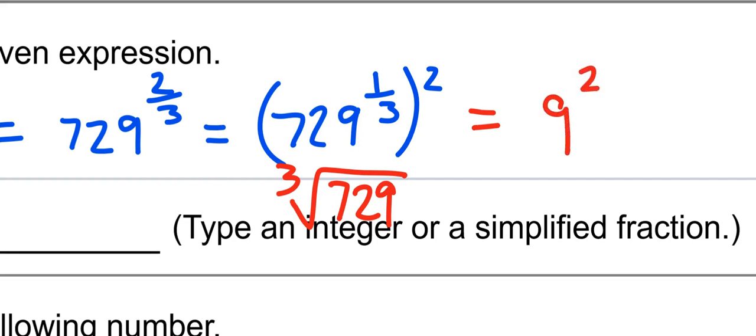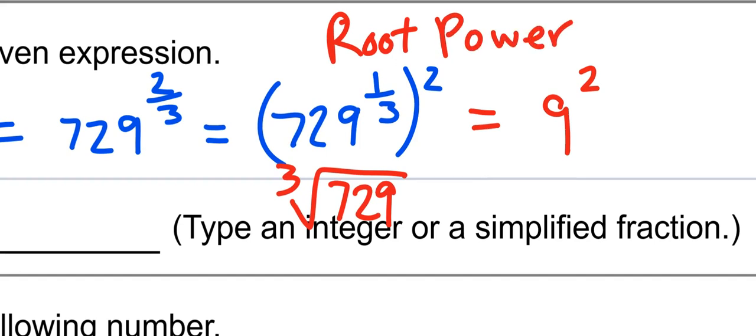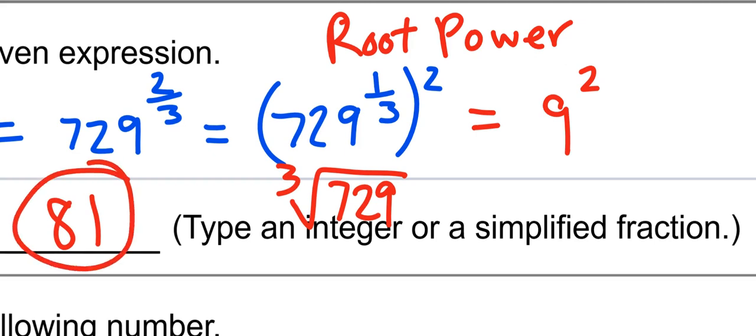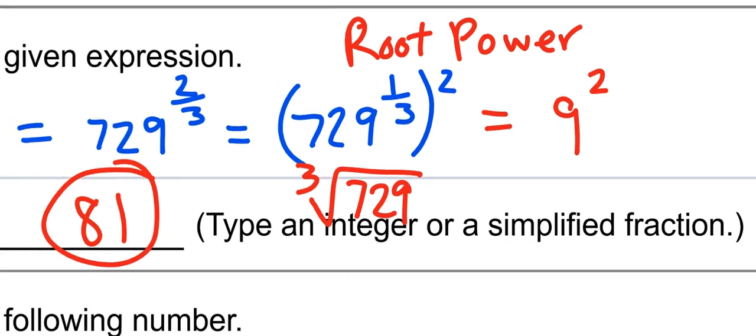So we simplified the part inside, right? We did the root first, and we did the power second. And what's your final answer? 81, right? 9 squared is 81. Root first, power second.